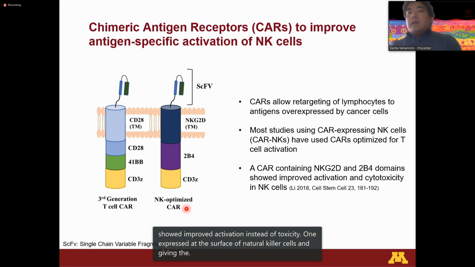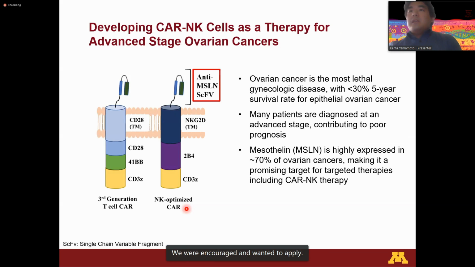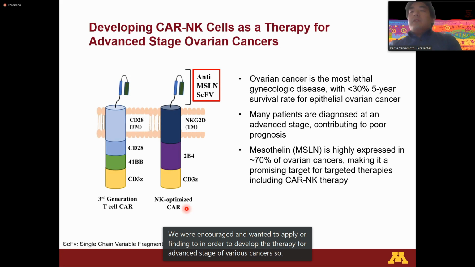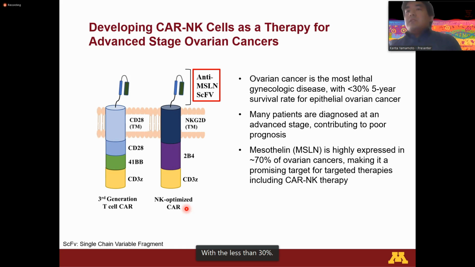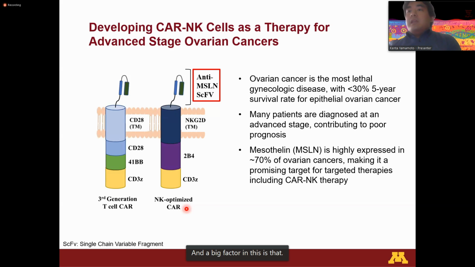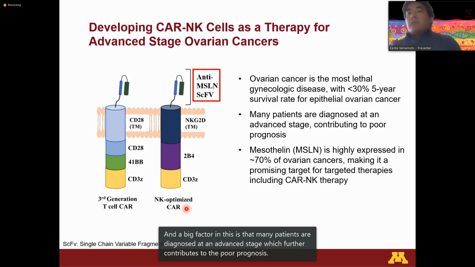And given these results, we were encouraged and wanted to apply our findings in order to develop a therapy for advanced stage ovarian cancers. So ovarian cancer is the most lethal gynecologic disease, with a less than 30% 5-year survival rate for epithelial ovarian cancer. And a big factor in this is that many patients are diagnosed at an advanced stage, which further contributes to the poor prognosis.